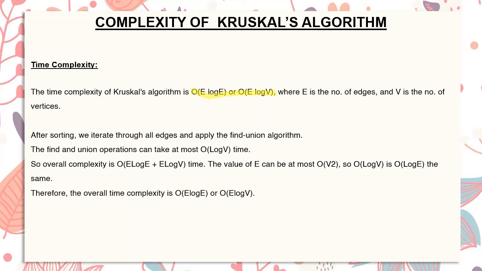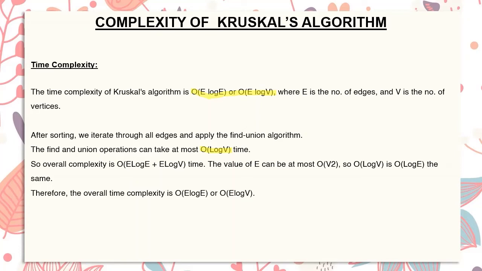It's been mentioned that we used the find union algorithm. Once we iterate through all the edges and apply this algorithm, we get at most that the time for find and union operations is O of log V. So the overall complexity is O of E log E and O of E log V.